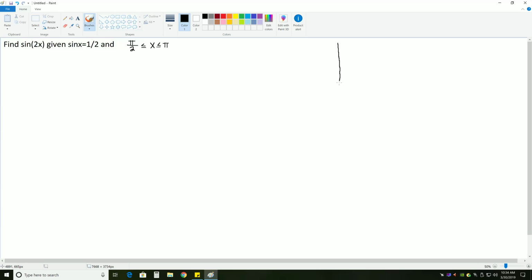So if we were to make a little chart over to the side, between pi over 2 and pi means that we're between this quadrantal angle and this quadrantal angle, meaning that we are currently in quadrant 2.